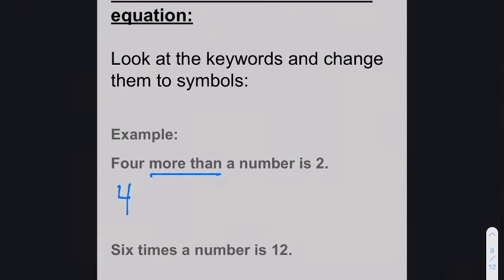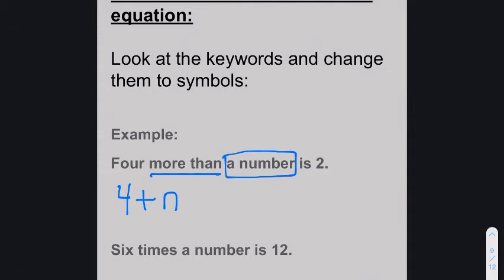So 4 more, so we can go 4 plus, and then it says a number. Now we don't know what that number is, so let's just pick a variable or a letter. Let's go with the letter N. 4 plus N is 2.